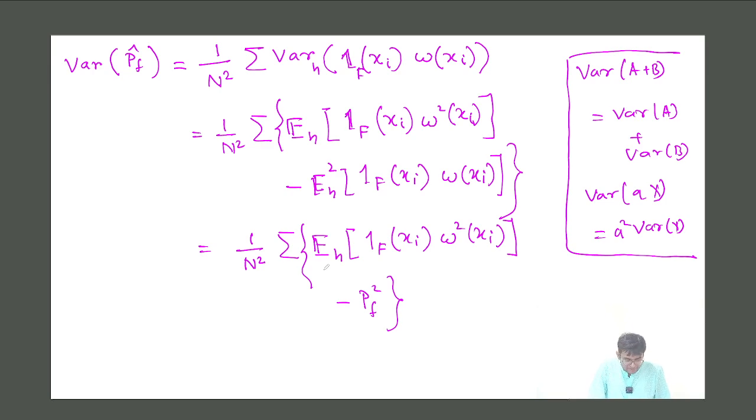Now, from here can I somehow find out what should be my h? If I want to find the best h, what will I do? I will take the derivative of this variance with respect to h and equate it to 0 under the constraint that h is a PDF.